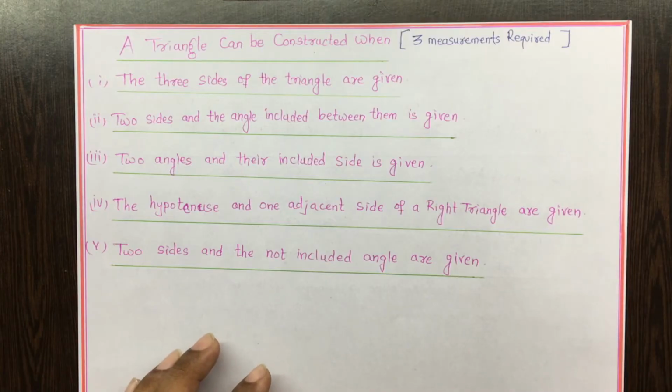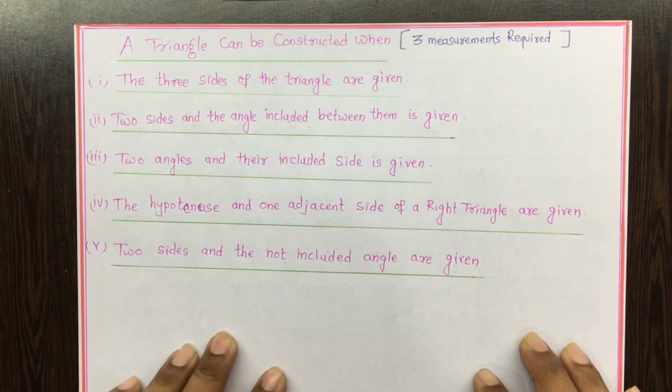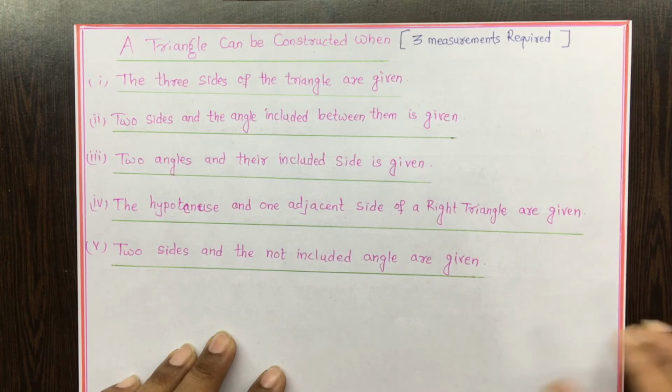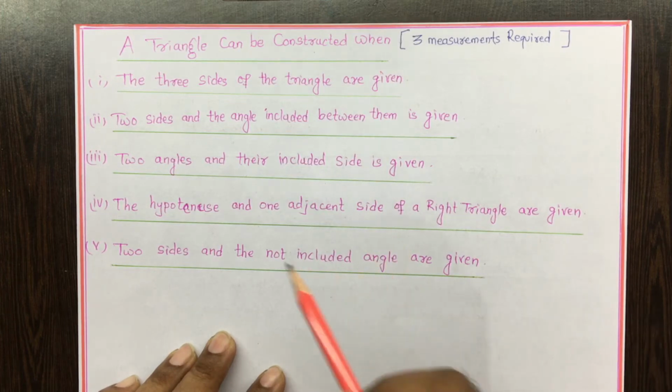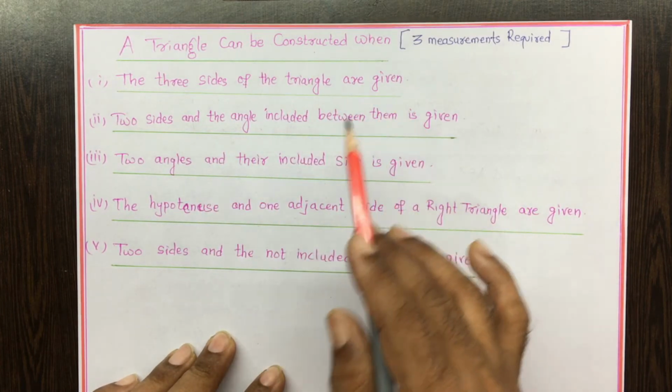We need at least 3 measurements for constructing a triangle. So, we can see what would be the 3 measurements required for construction of a triangle. Here, the first type is the 3 sides of a triangle.